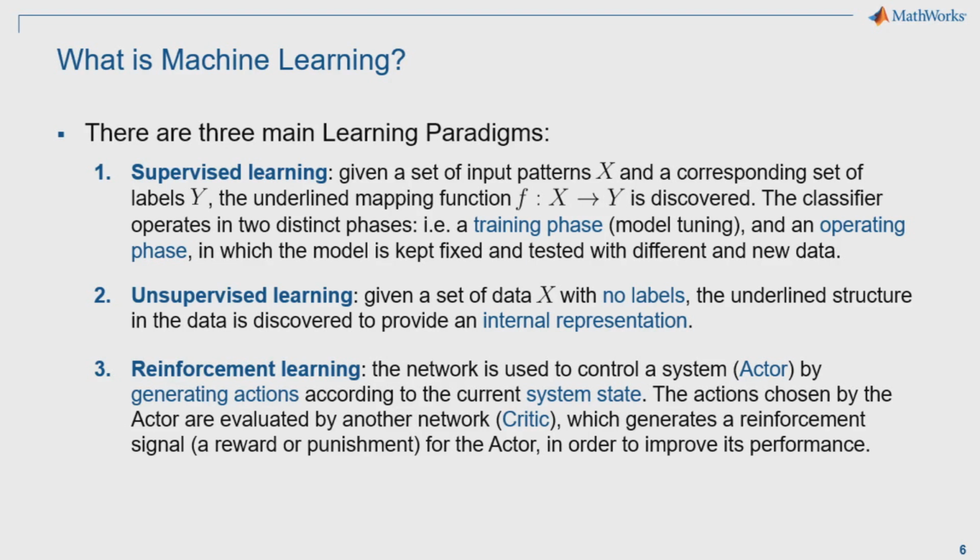So it is doing some actions in an environment, and these actions are evaluated by another system that is called the critic, which gives a kind of reinforcement signal, a reward or a punishment for the actor, in order to improve its performance.